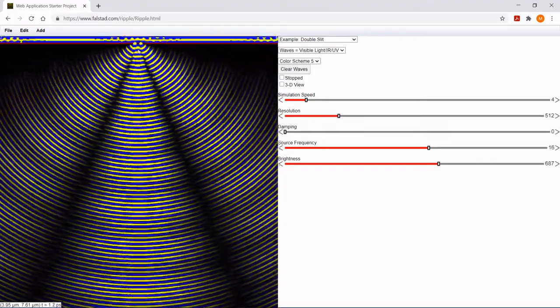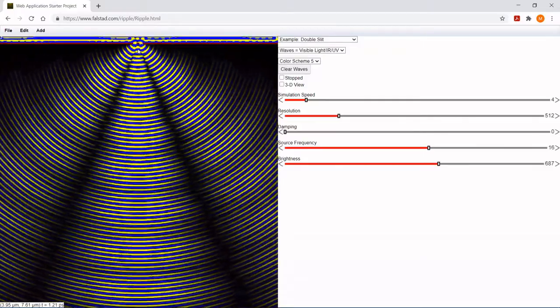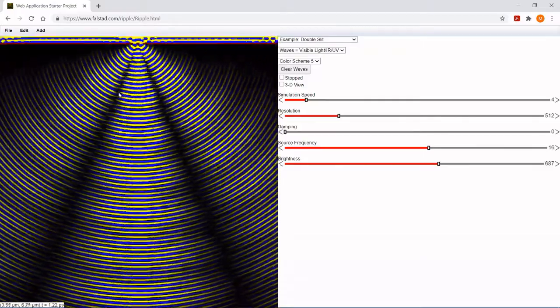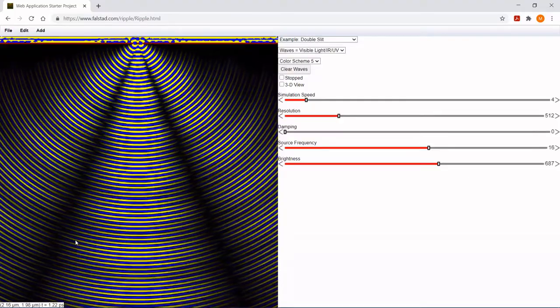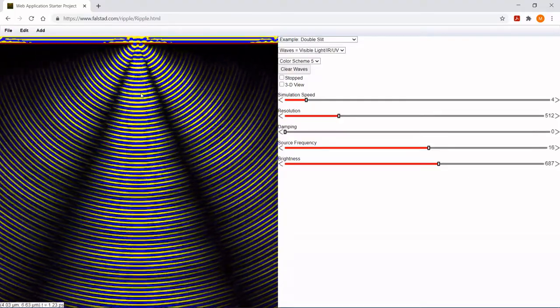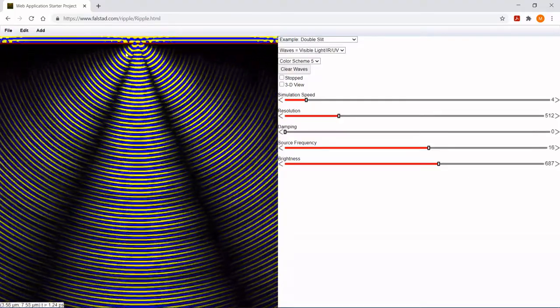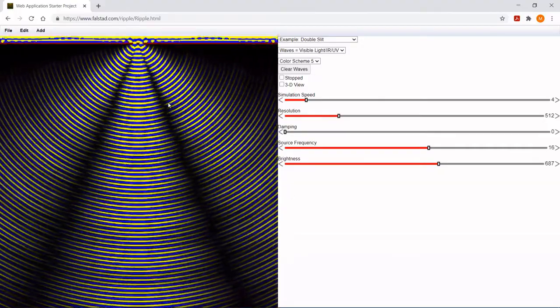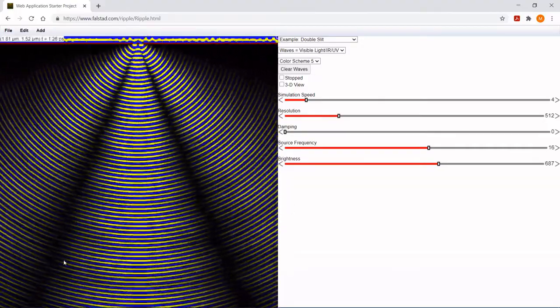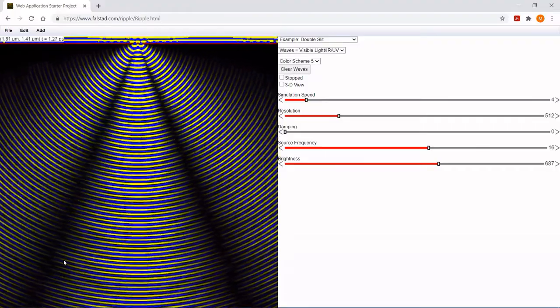But by introducing a second source and placing it near the first one, we can choose the directions in which we would like maximum intensity. So here we've got maximum intensity in the forward direction and also off in these two side directions. And we have no intensity along the dark lines, the nodal lines.